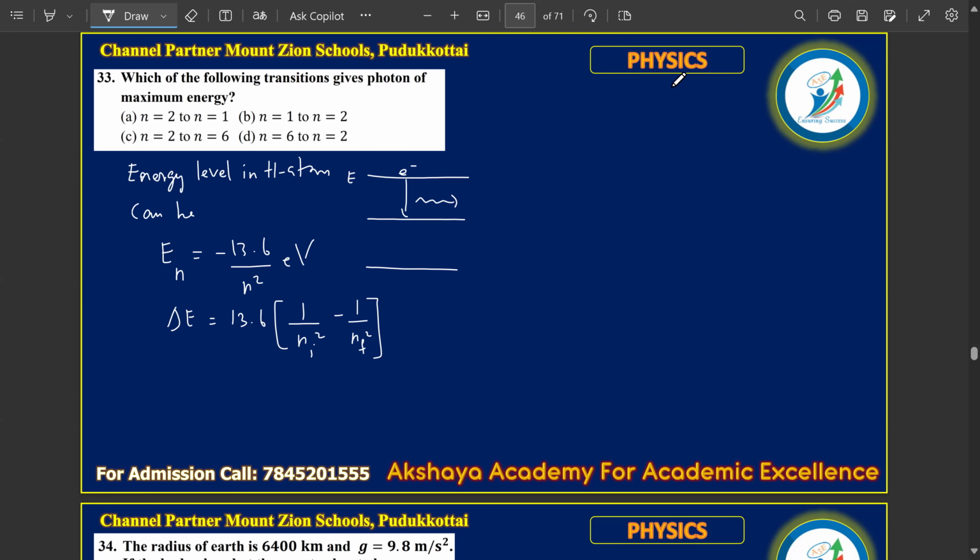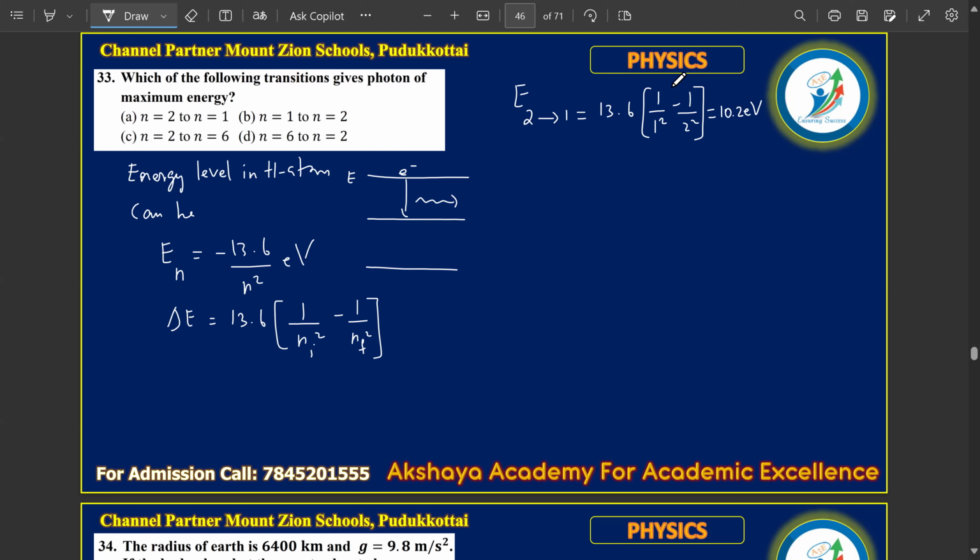Now, for the transition of option A, that is from n equal to 2 to 1, we get 13.6 into 1 by 1 square minus 1 by 2 square, which on solving gives 10.2 electron volt.